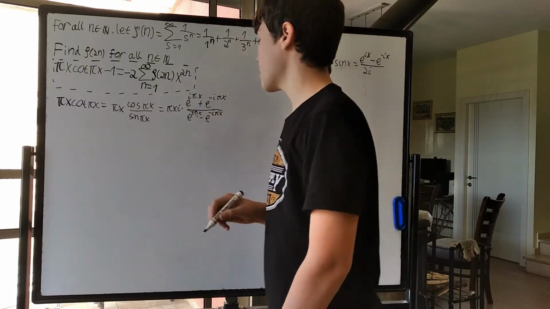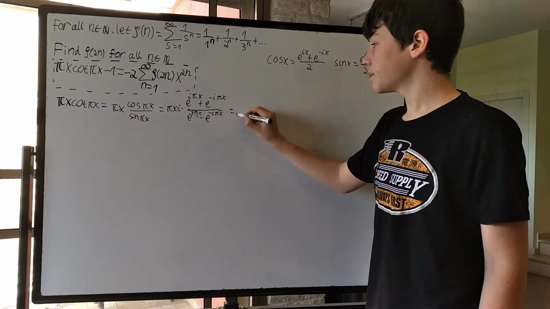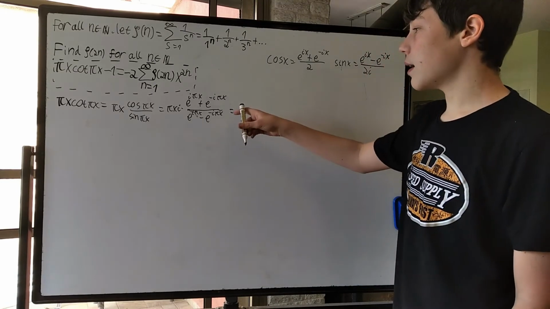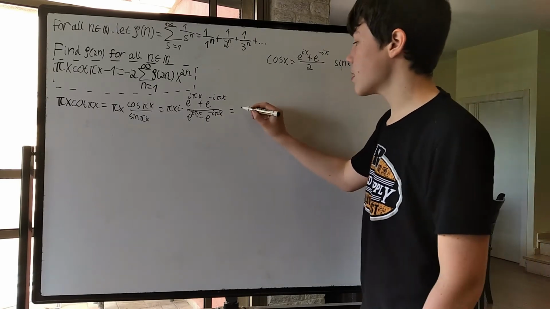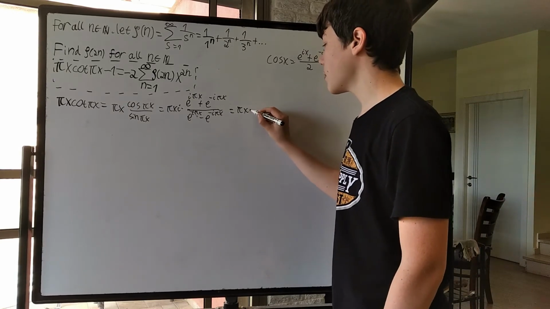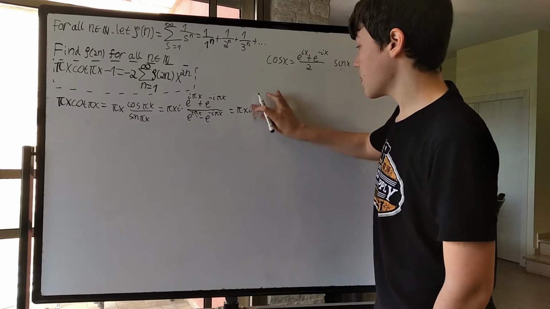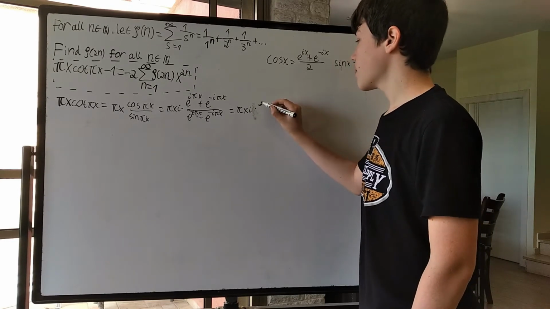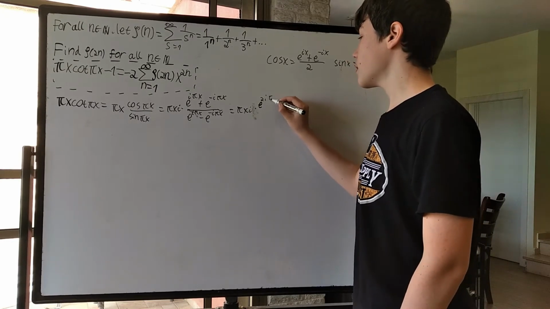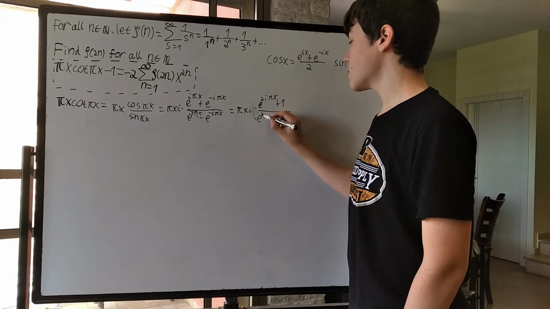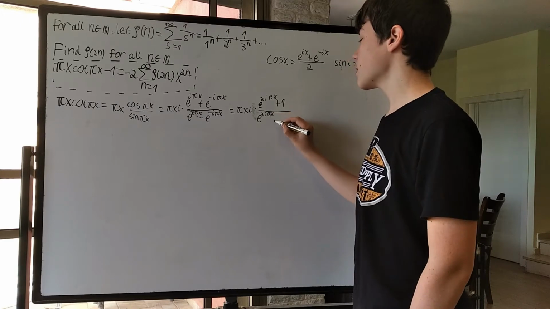So I'll just write it as pi xi. Now I'll multiply by e to the i pi x on numerator and denominator. And I'll get pi xi is equal to pi xi times e to the 2i pi x plus 1 divided by e to the 2i pi x minus 1.